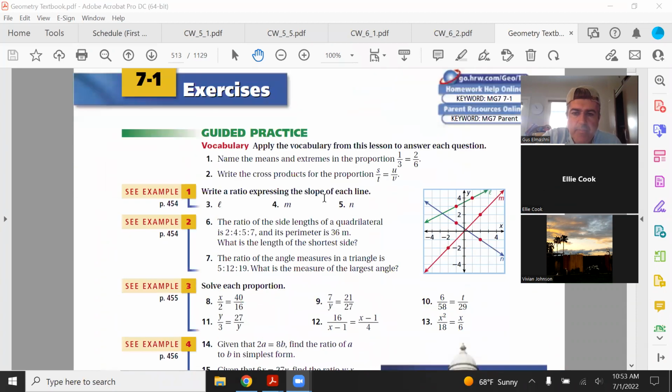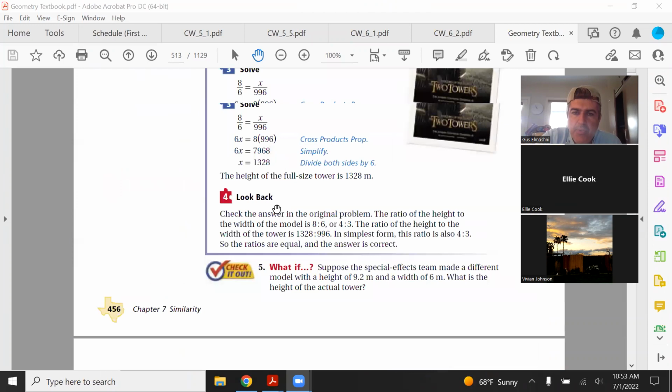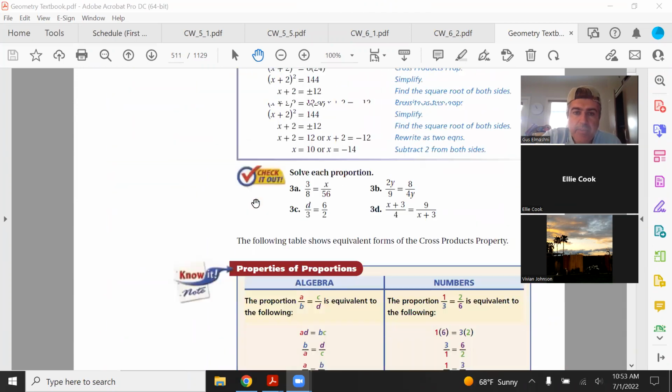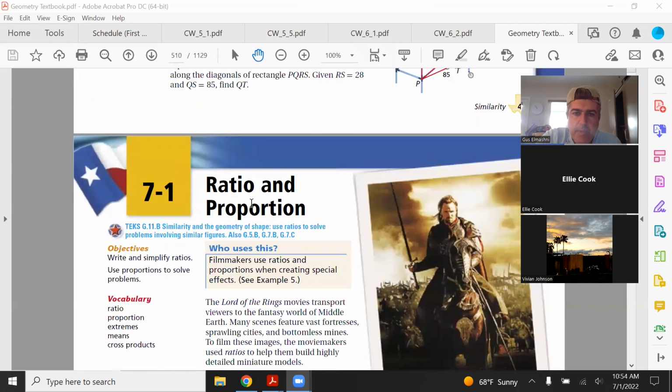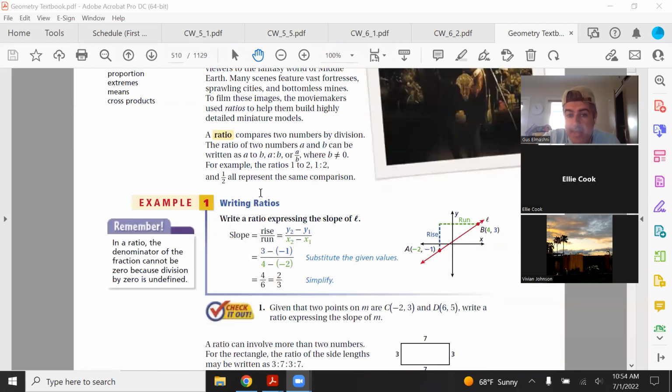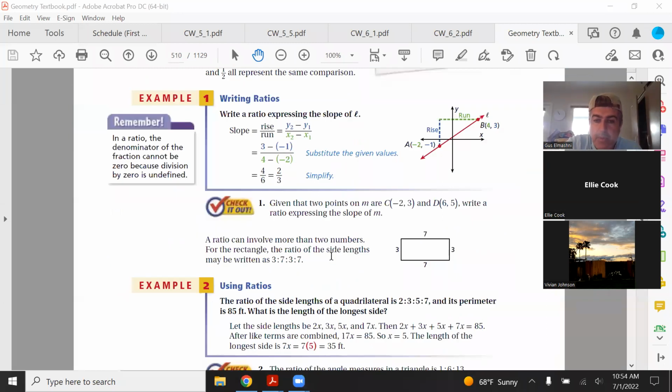It says 7-1. So we're dealing with proportions. Proportions are just ratios with equal value. For example, slope, which we have done already, that's a ratio, obviously. And sometimes we want to compare lines with the same slope. Those would be proportions.